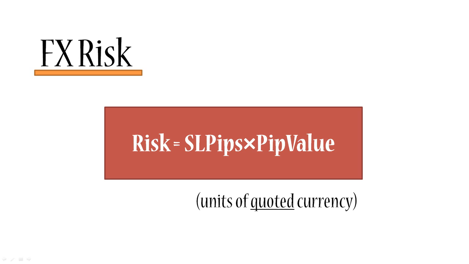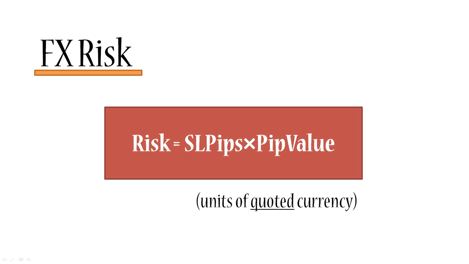The risk, which is on the left, or the amount of money that we can lose in one transaction on the Forex market, is equal to the stop loss measured in pips, for example 50 pips, times the pip value, so the amount of money you lose per every pip. For example, like in our previous case, $10 per pip.